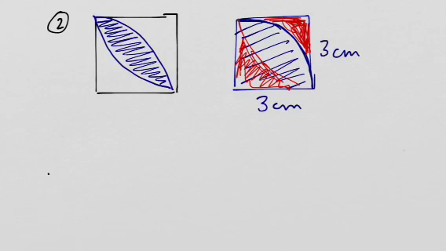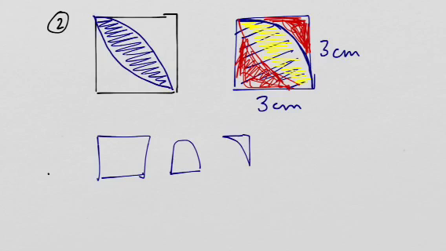So if you take both of those bits away from the square, then you're left with the answer that you're looking for, which is the petal in the middle. So it's the area of a square, area of a quarter circle, get the area of the top bit, that's the same as the area of the bottom bit, take them away from the square and you're left with a wee petal.